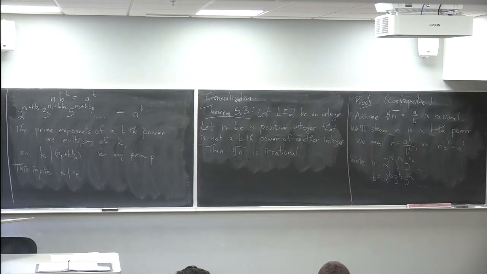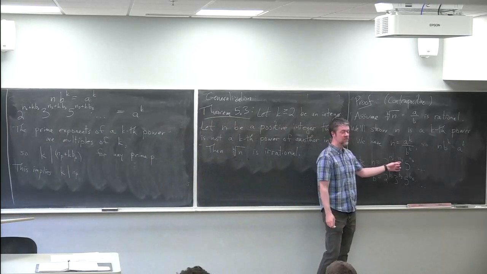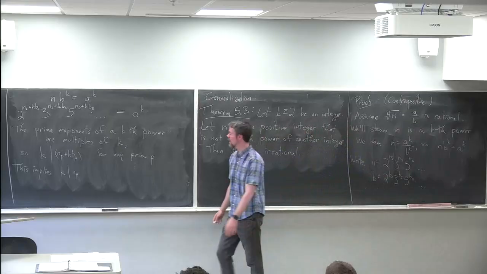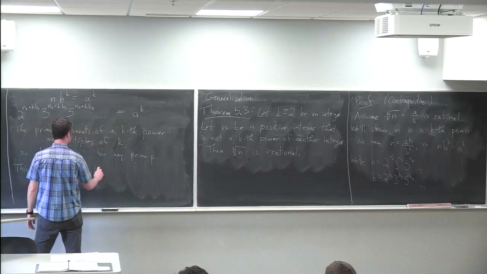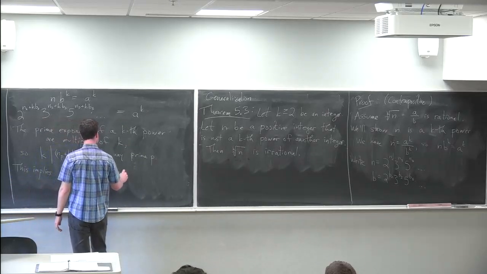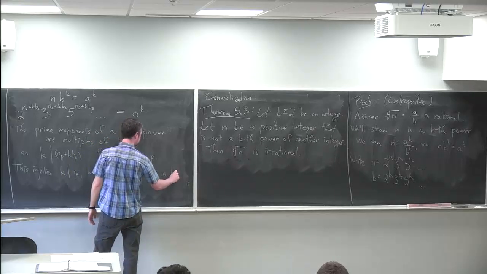But anyway, this implies k divides np. And that would be true for all the p's, which means that every one of the prime exponents of this number n is a multiple of k. So that's what we wanted. Right? So this implies n is a kth power.